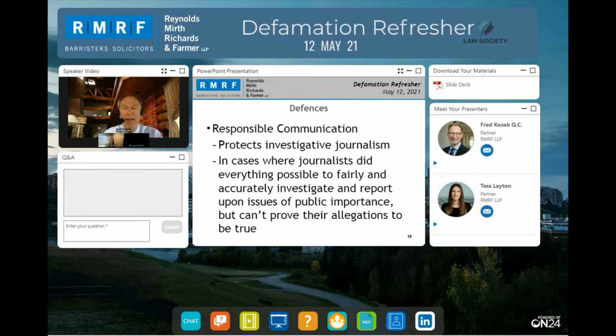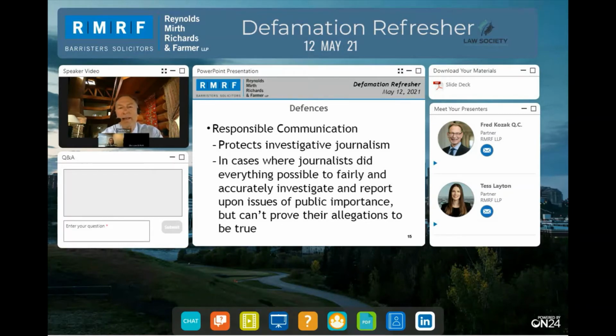Responsible communication is a relatively recent adoption of a defense that first arose in the United Kingdom, principally used by investigative journalists, where they have an important public interest story, and some aspect of that story either can't be proved, or there are some inaccuracies in the facts that are serious allegations, but which can't be proven.